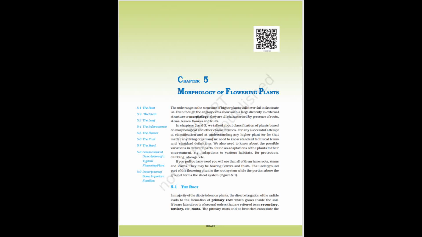Leaf is a lateral outgrowth of stem developed exogenously at the node. These are green in color to perform the function of photosynthesis. Leaves exhibit marked variations in their shape, size, margin, apex, and extent of incisions of leaf blade, lamina. The flower is a modified shoot, meant for sexual reproduction.